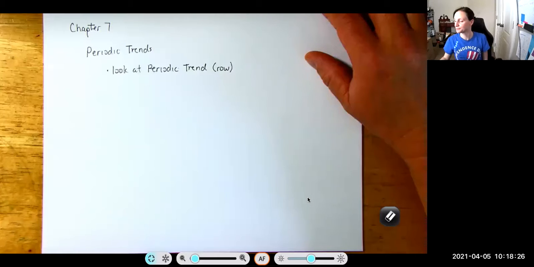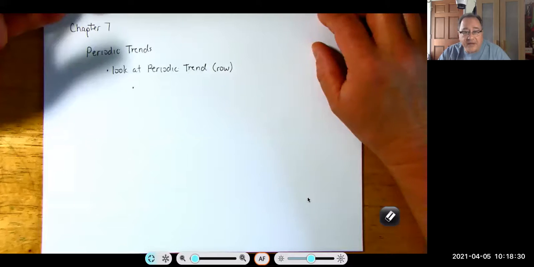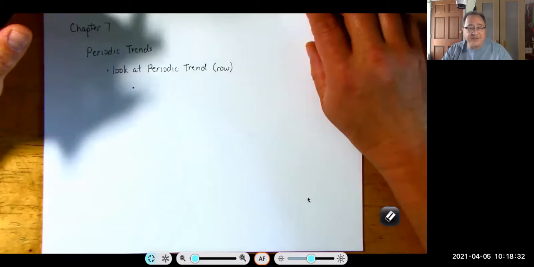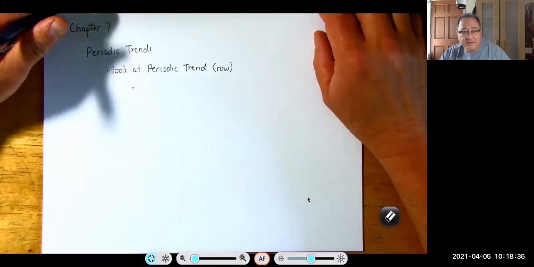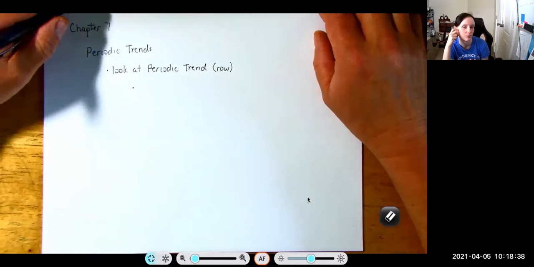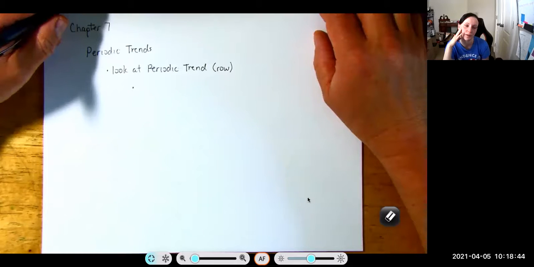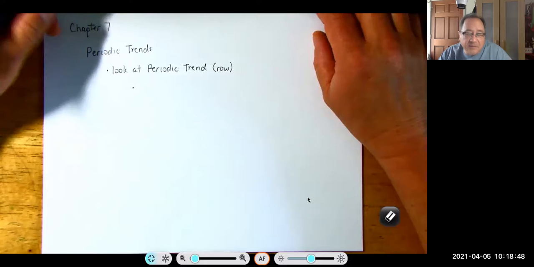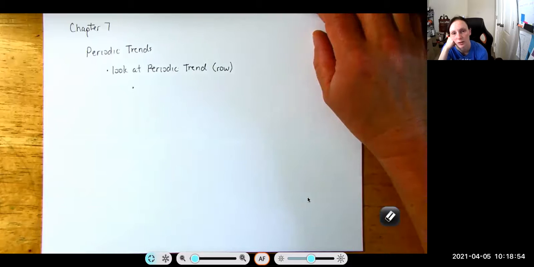Yeah. And essentially, what is the reasoning for the trend? Not the trend itself, but the reason to explain why the trend is the way it is. Well, it depends. Why is lithium larger than beryllium when beryllium has more electrons? Because it has more protons.